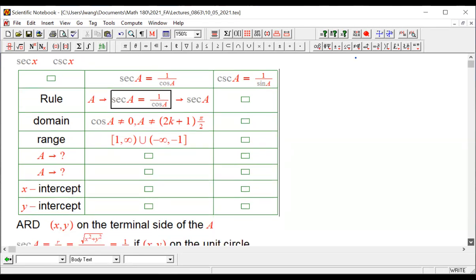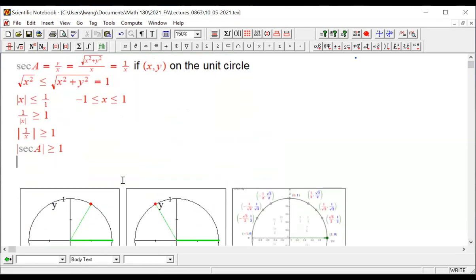So in other words, you can also say, and this is for the A, this is for all the angles in the domain of secant.